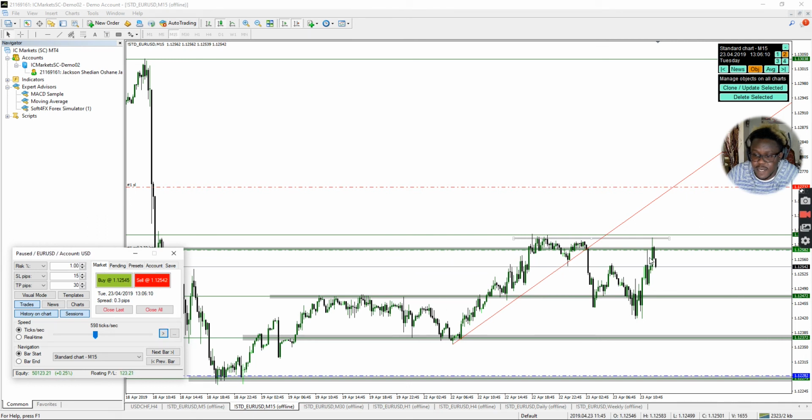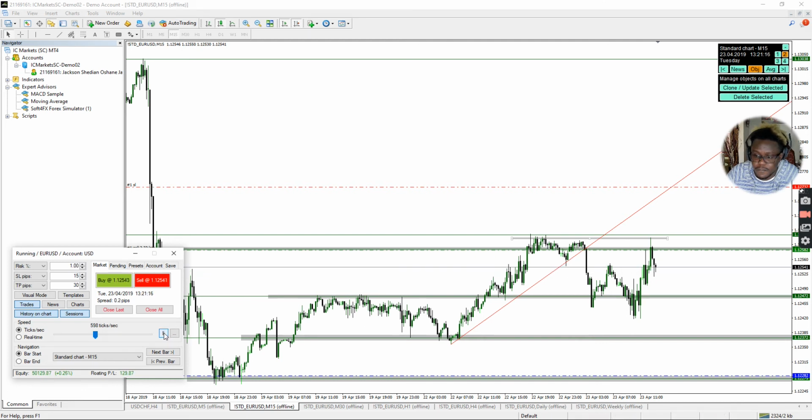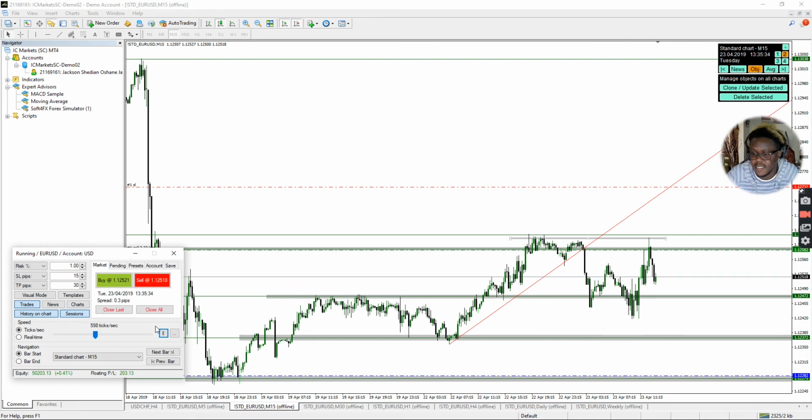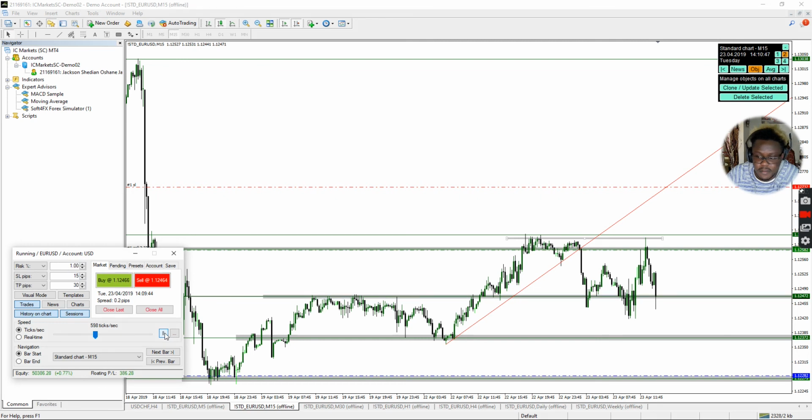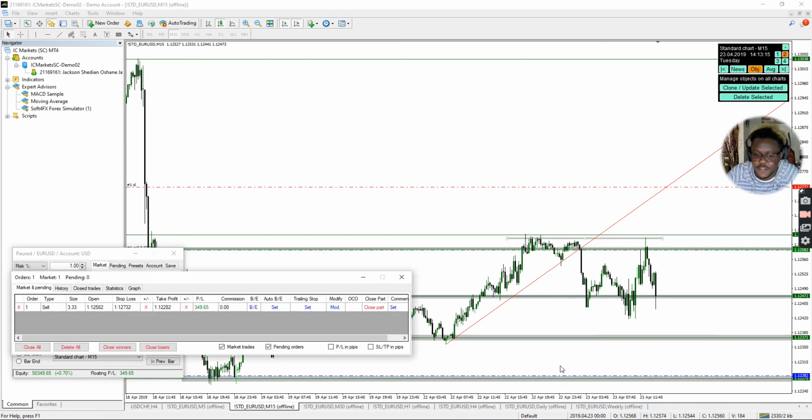So the good thing is that we formed resistance at resistance. So let's see if the market will continue to push in our favor. All right, and I think at this point we can actually move stop to entry.